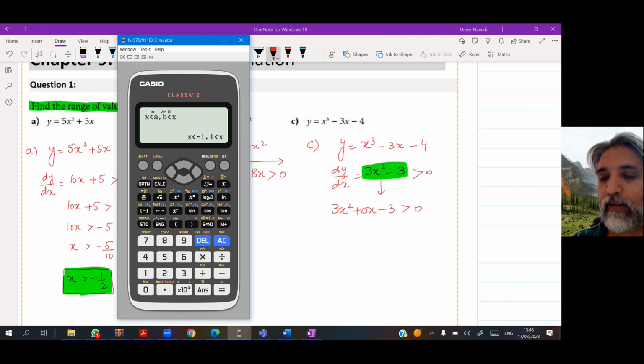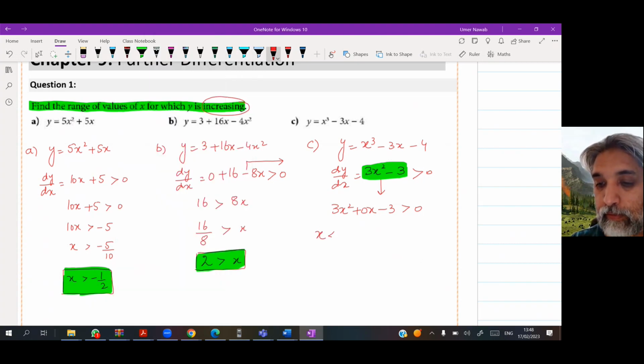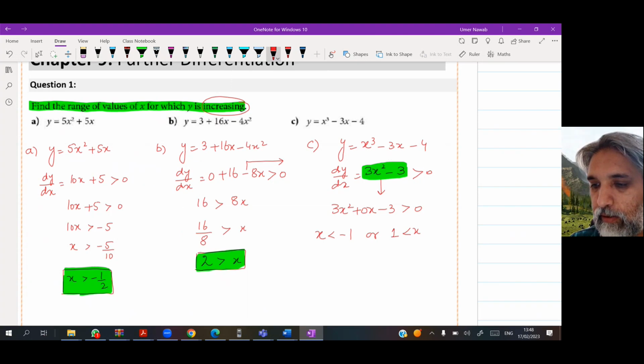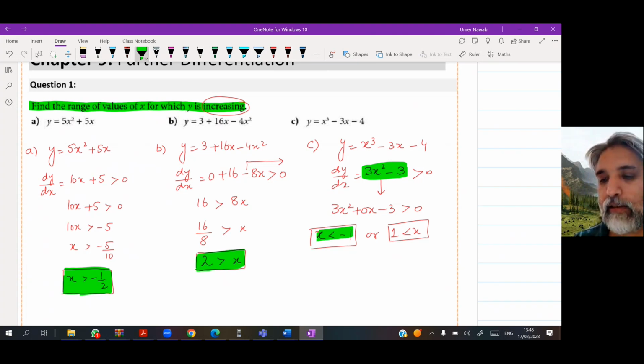I got x less than minus 1 or x greater than 1. So these are the two ranges on the x-axis which tell you that if you pick values of x here, it will give you a positive derivative, or the function shows an increasing behavior. So question number 1 is done.